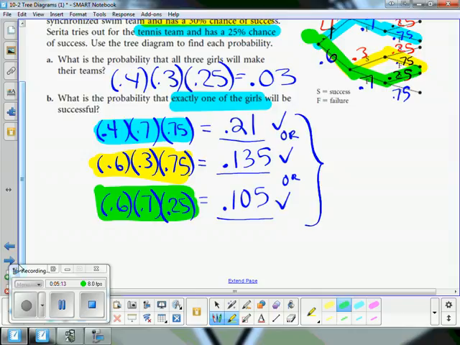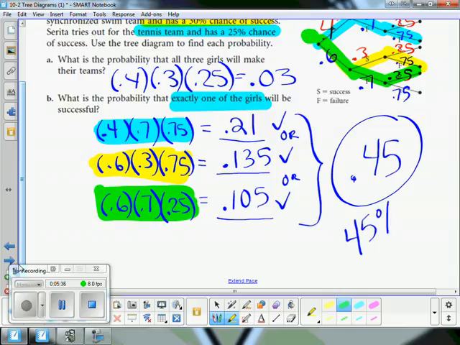And we learned yesterday that or means to do what operation? Add. So we add these three probabilities together. And we're going to get 10, carry the 1, 4, 2 plus 1 plus 1, 0.45. Sorry, carry the 1, 4 plus 1, 5. So there's a 45% chance that exactly one of the girls will make the team, make their respective team.